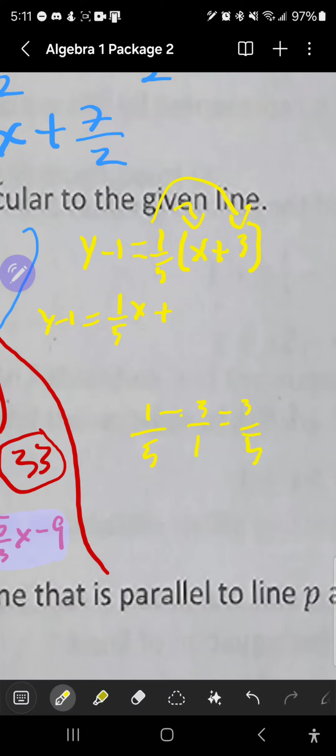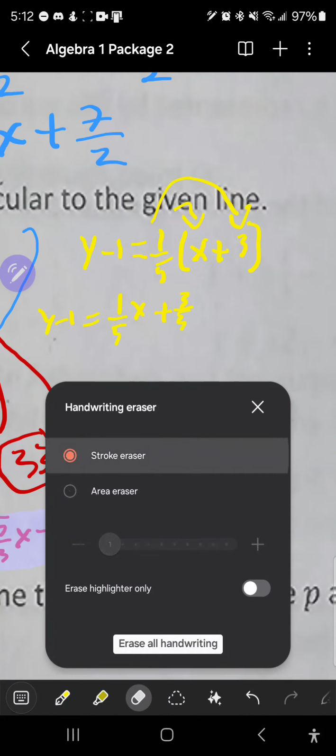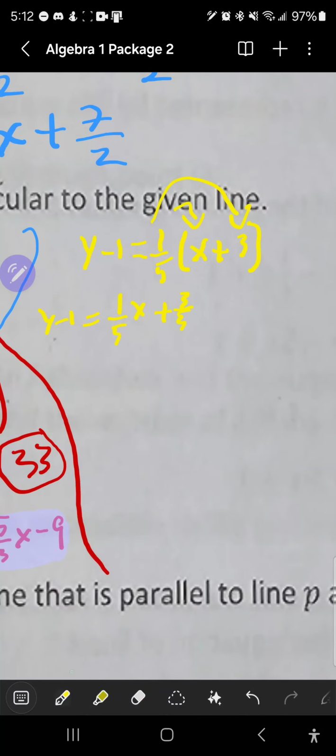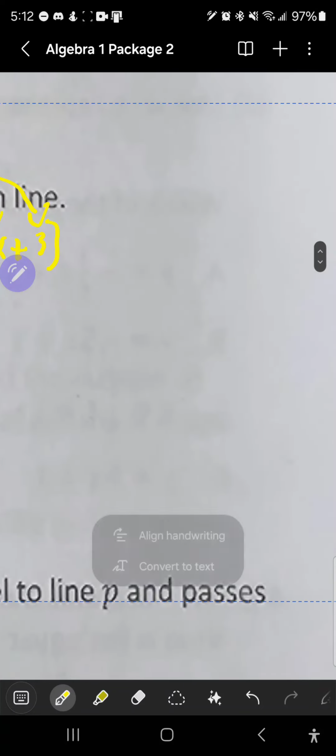So we have 1 over 5x plus 3 over 5. Now we add 1 on both sides, and we get y equals 1 over 5x and 3 over 5 plus 1, and I do it right here.